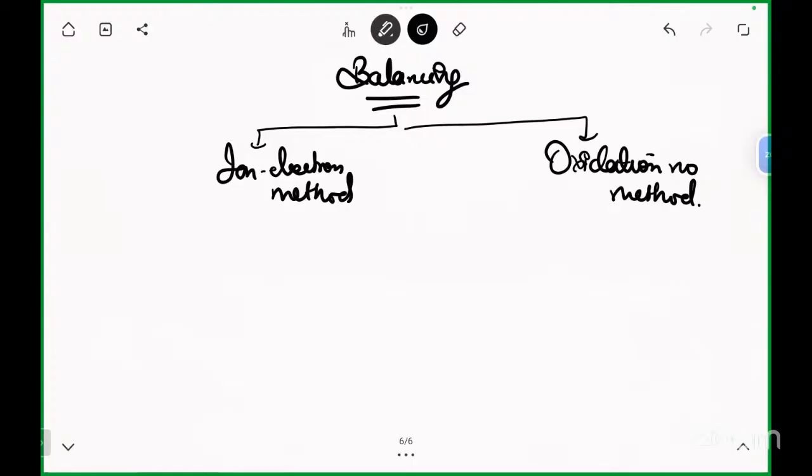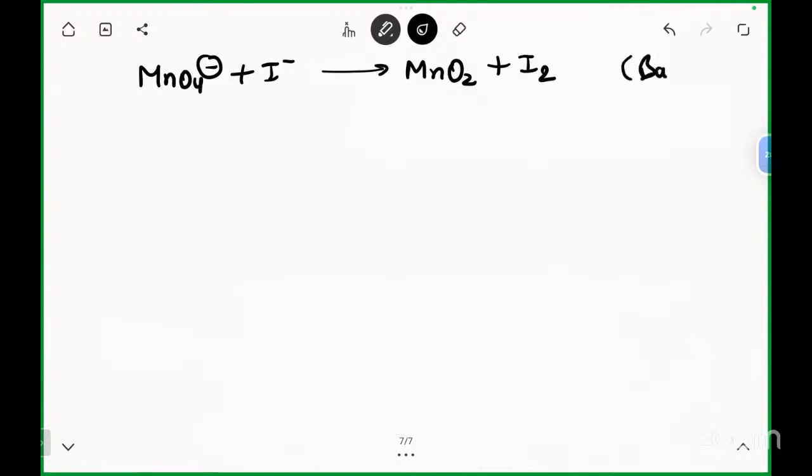For example, I have one equation: MnO4 negative plus I negative gives MnO2 plus I2. This is the reaction you have to balance in basic medium.